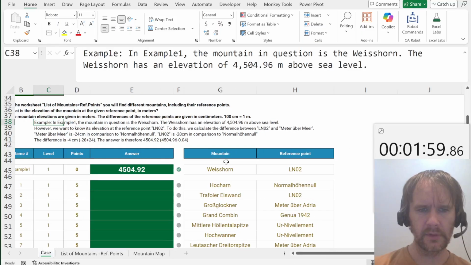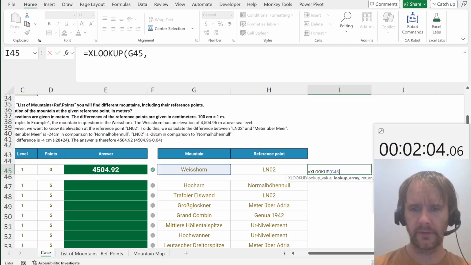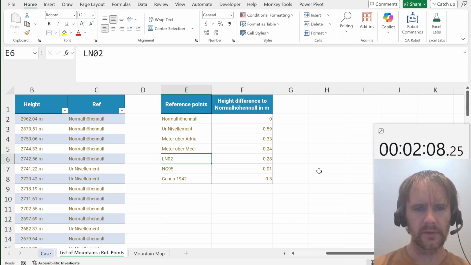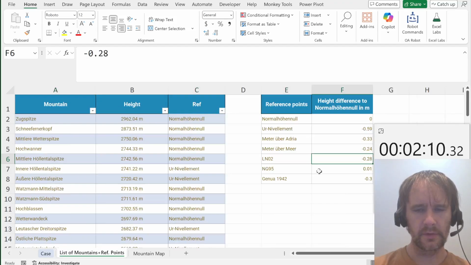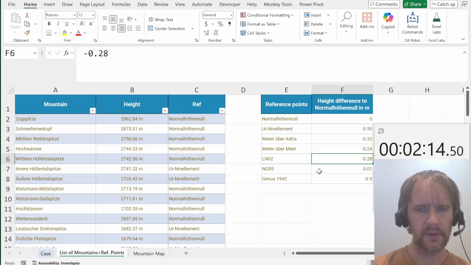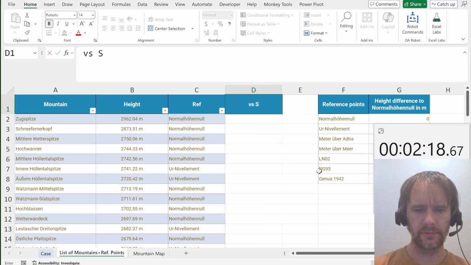Subtracting that one. Okay, so we're going to look up this in, wait, actually, I think, so if we're subtracting that, that means we're adding that. So I think I just want to add a column here that's versus sea level.